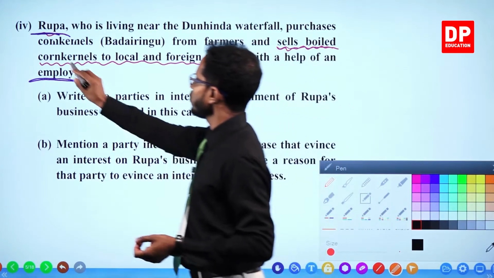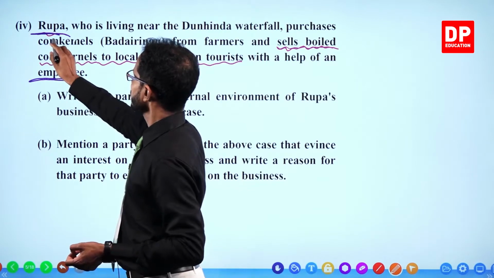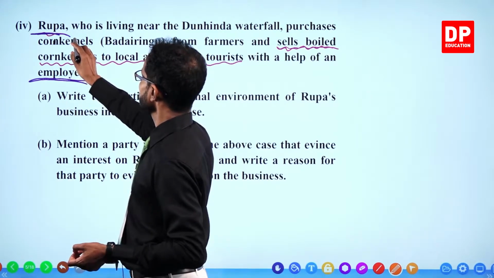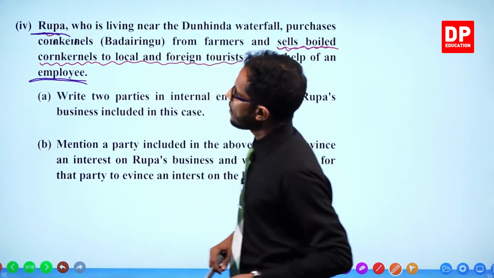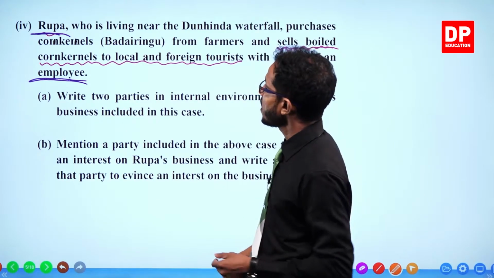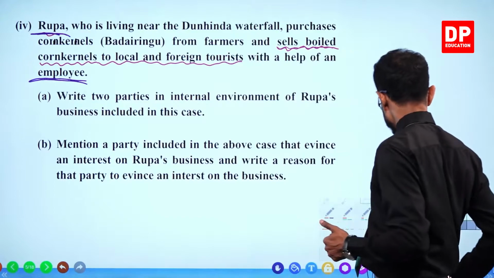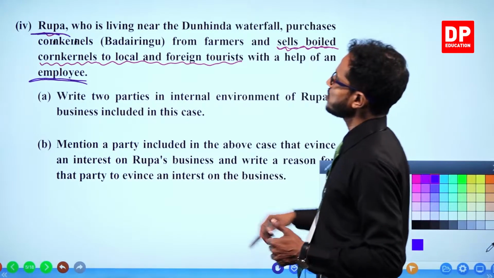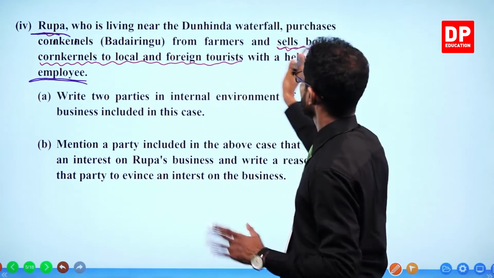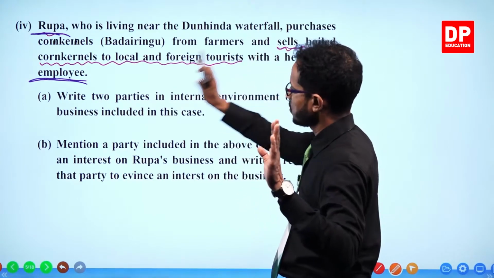All right. So we already know now who the internal parties mentioned in this case are. Rupa, the owner, and the employee. Got it? Is there anyone else? No, that's it.